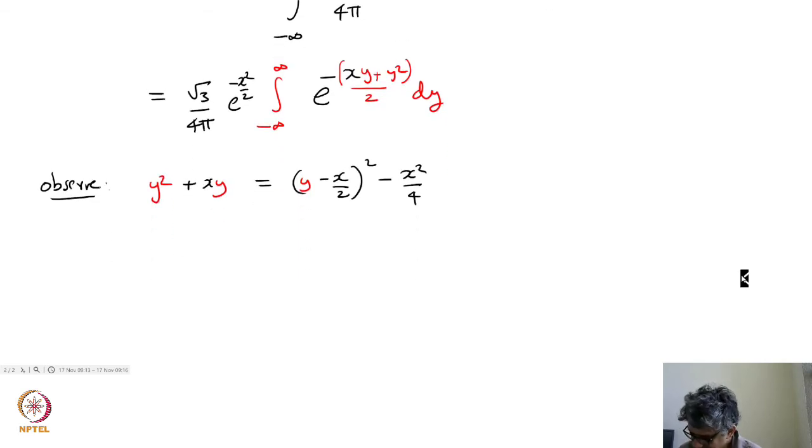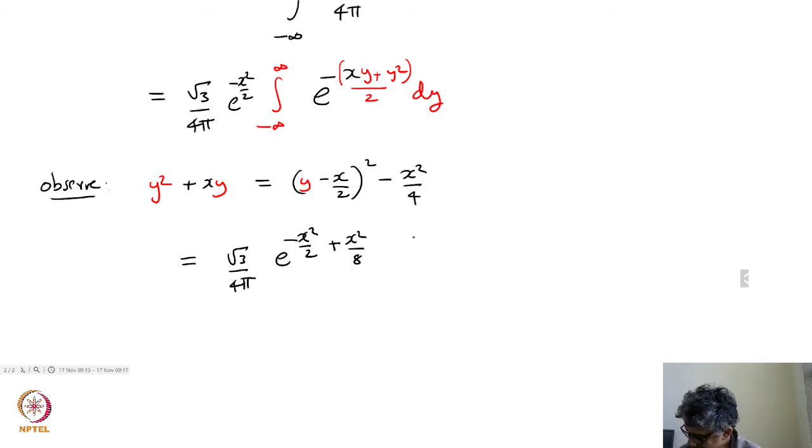Therefore, what happens now? If you want to evaluate the integral, go back here. So the integral is equal to root 3 by 4 pi e to the minus x squared by 2. Then this inside, I replace it by this, so I get minus x squared by 8, or plus x squared by 8.